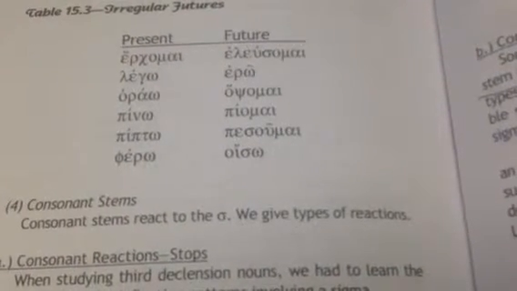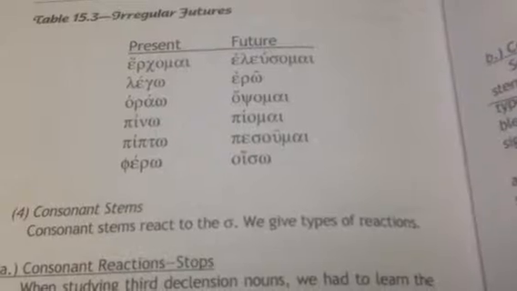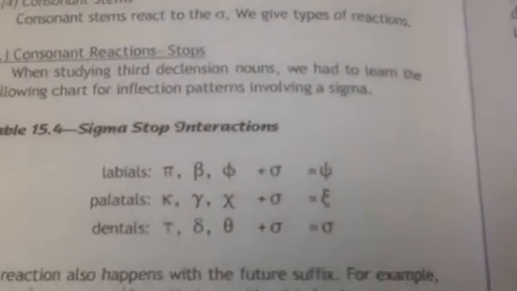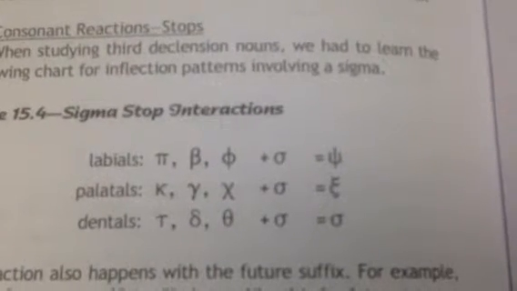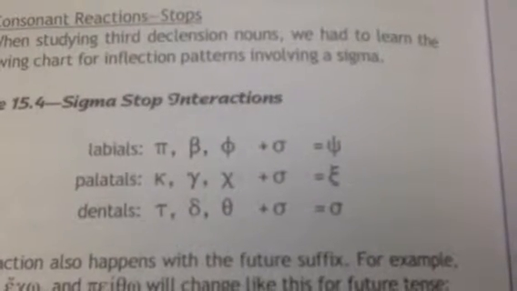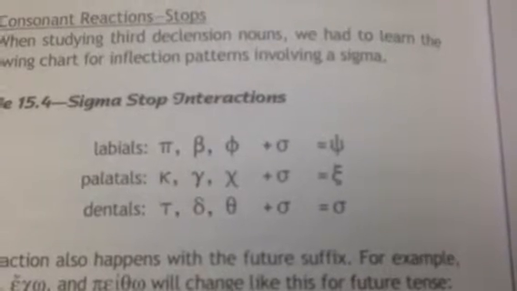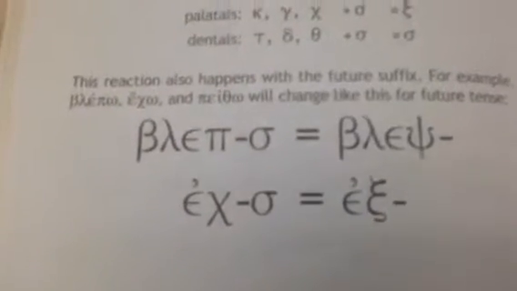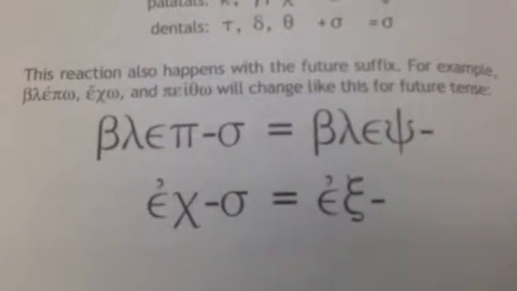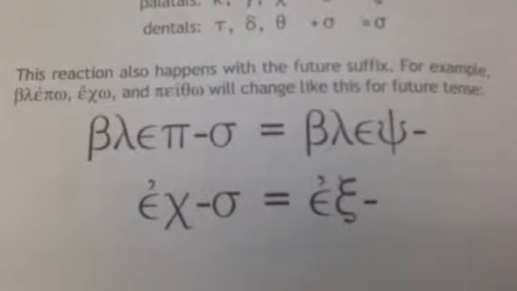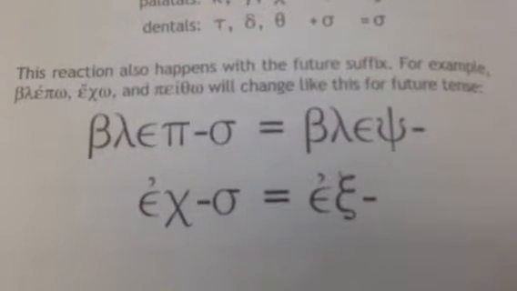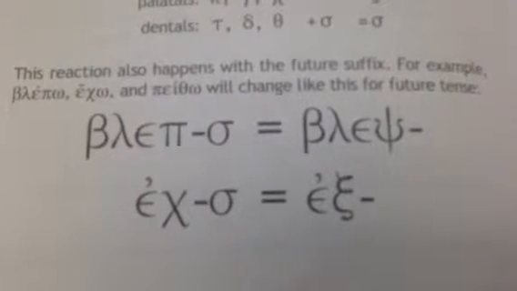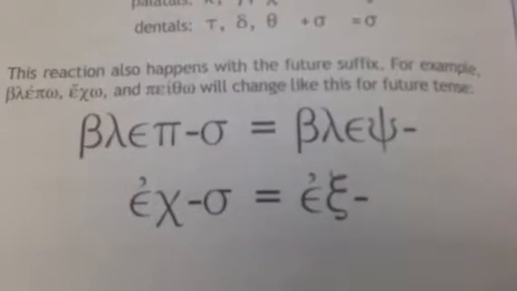Consonant stems react to the sigma, because the sigma is pretty volatile, and it does so, of course, with a square of stops. So we're pretty familiar with that. Be sure that you memorize that again if you kind of have lost touch with that, because you will see those particular interactions. For example, if you take blepo, you make a future of that. You would take off the omega from the first person singular, add your sigma to your tense stem, but that means that the sigma is going to meet that consonant that happens to be a stop.